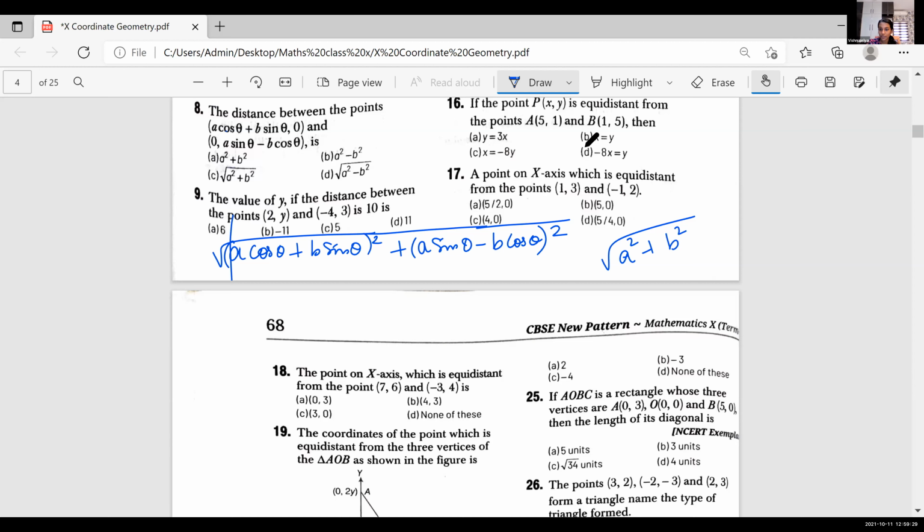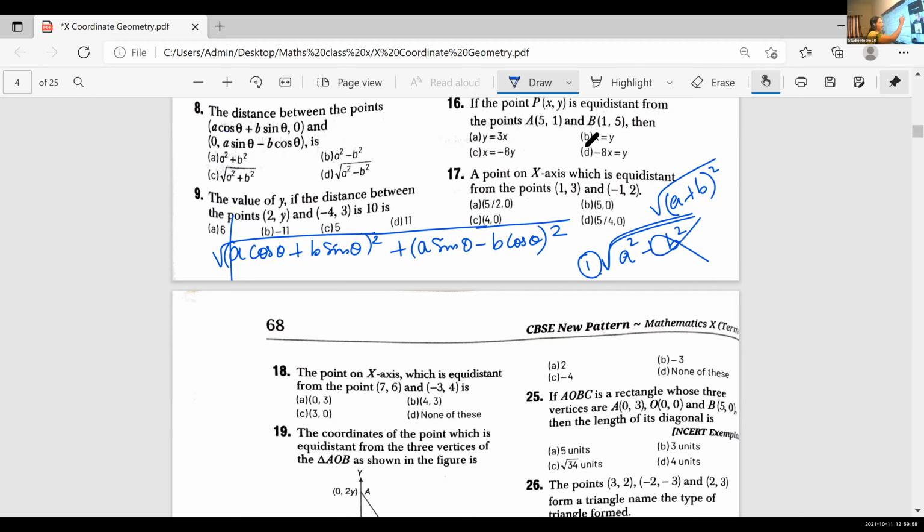In which case you can cancel? When square is common. So in the first case, is root common? What about the square? No, ma'am, cannot. So here we can't.